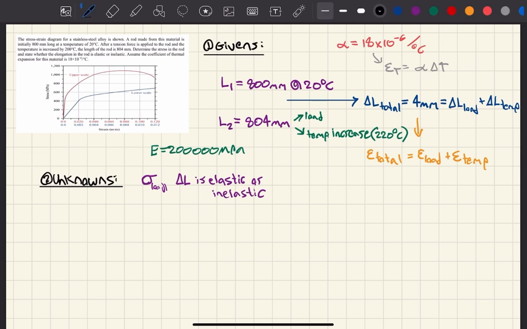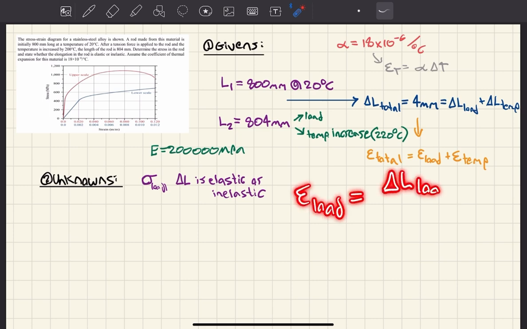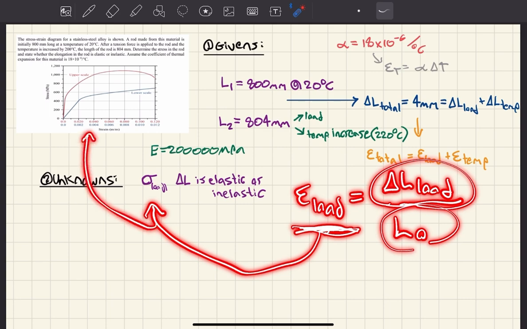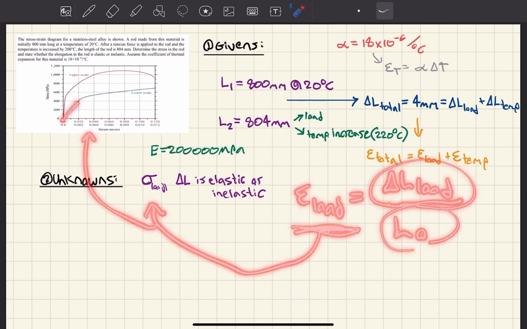And then once we have, I keep going back to this formula, sorry, I apologize. Once we have the change in length due to the load, and this is L naught, we can find the strain due to the load, right? And then therefore we can find the stress, either from the stress strain diagram, or if it's in the elastic region, we can use Young's modulus, right?